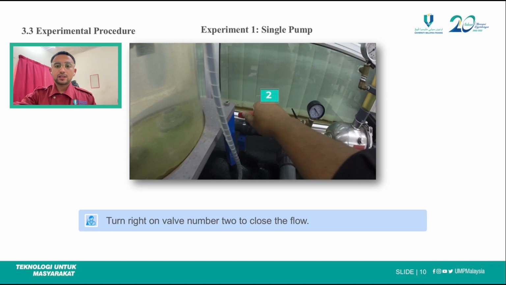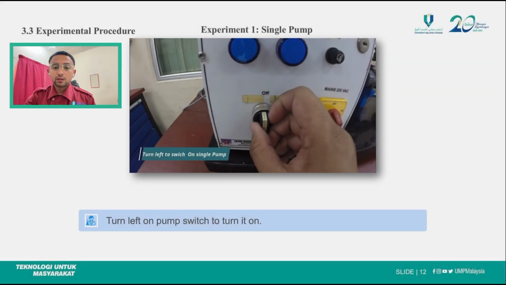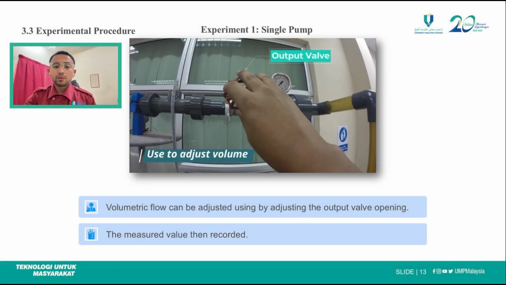The first step in this single pump procedure is to turn right on valve number 2 to close the flow, then turn right on valve number 3 to close the flow, and turn left on the pump switch to turn it on. Then the volumetric flow can be adjusted by adjusting the output valve opening.